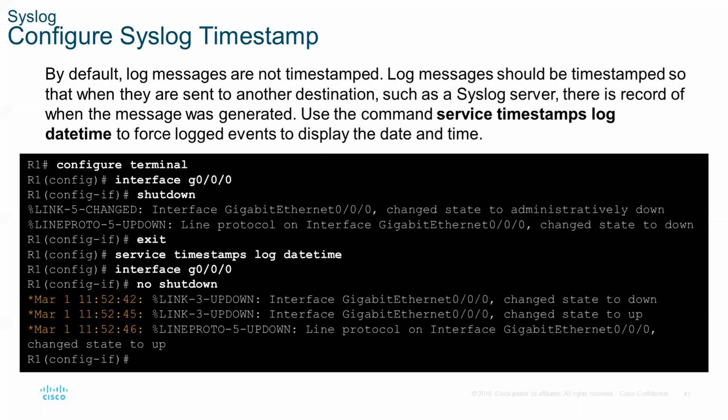By default, these log messages are not time-stamped. We should timestamp so that we can keep track of what's going on when it happened. So when we want to send them to a Syslog server for storage, we need to timestamp the message so that when we're reviewing what's going on, we can have the date and time of the event at our fingertips to understand the sequence of events.